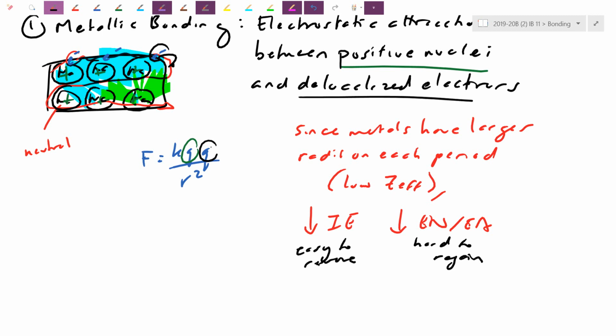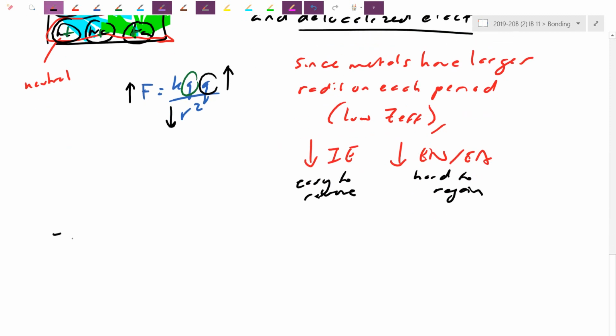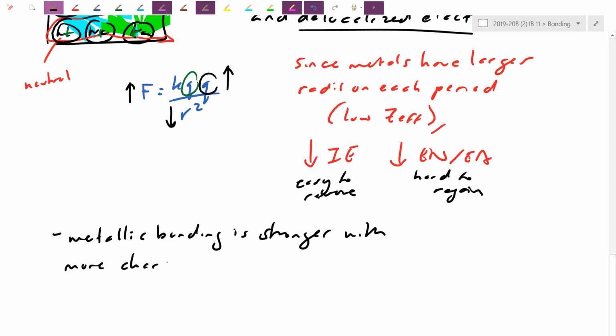Evidently here we see the proportional relationship. The bigger the charges, the stronger the force, as well as the smaller the radius, the stronger the force. So back in chapter 3, we had said this type of bonding, metallic bonding, is stronger with more charges. That can be in the line of having more protons when I walk across the periodic table.